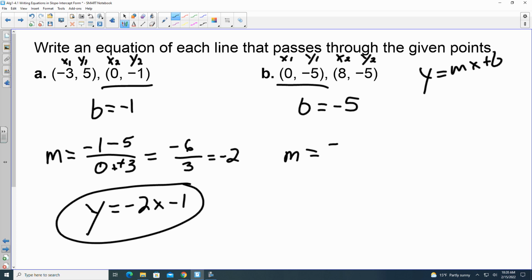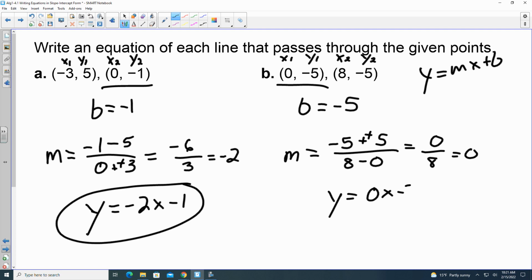So now this turns into -5 minus a -5, all divided by 8 minus 0. So this becomes plus. -5 plus 5 is 0. 8 minus 0 is 8, so I get a slope of 0. So again, this is y equals 0x minus 5, or it gets reduced to y is equal to -5.